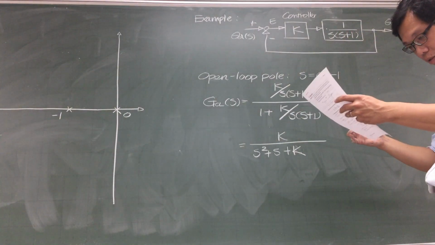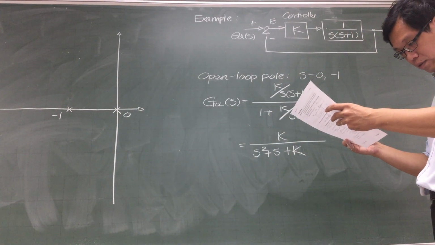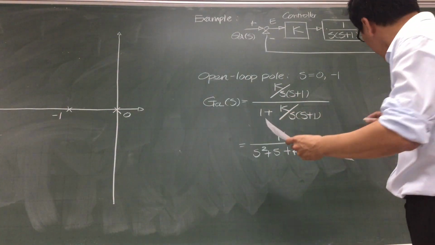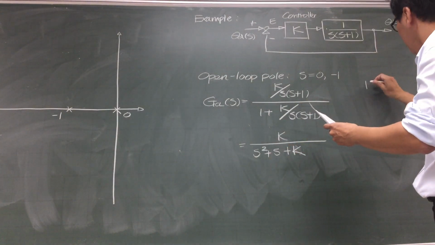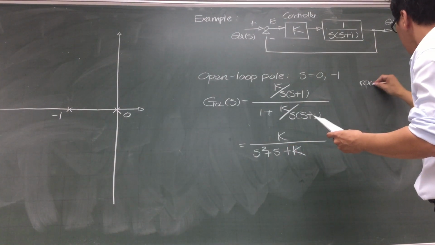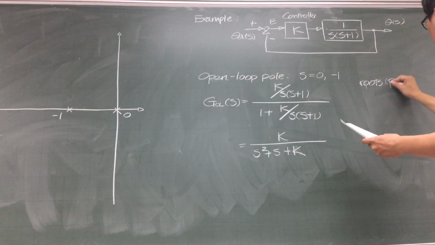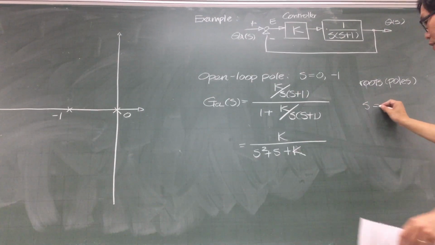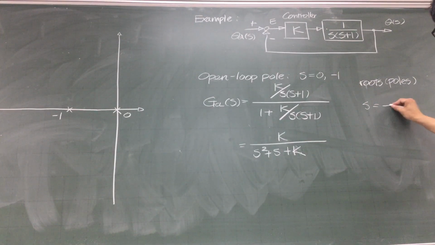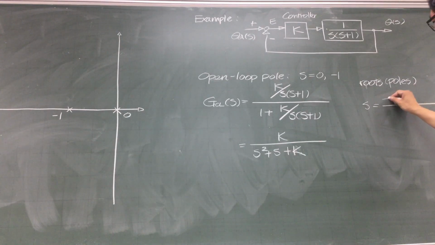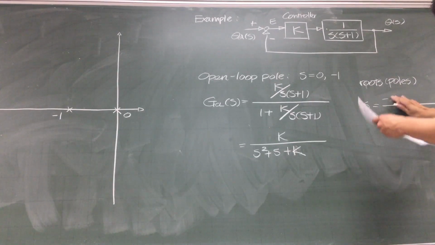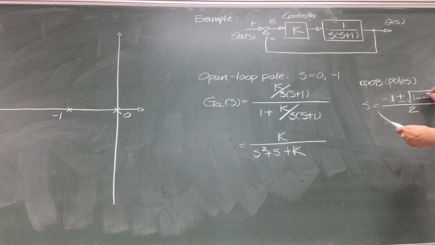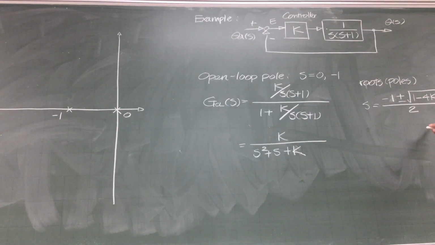Let's look at the roots of s. We have s equals negative 1 plus minus the square root of 1 minus 4k, all over 2.